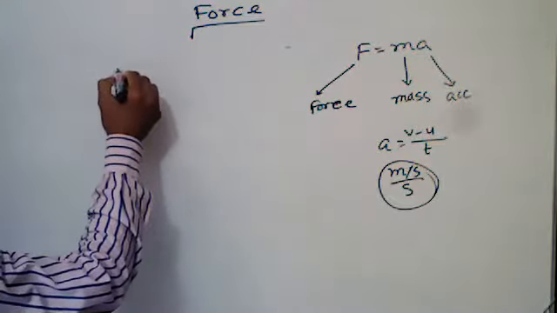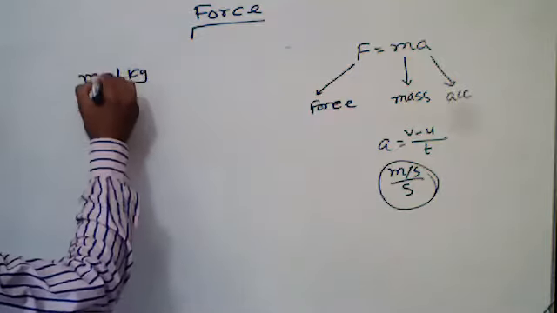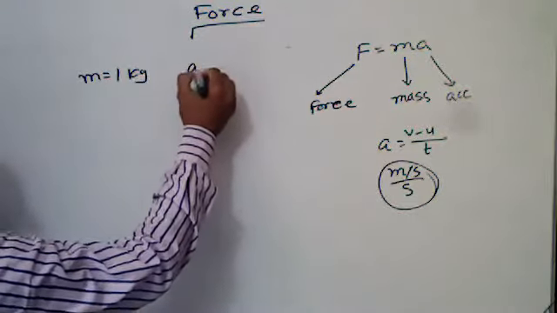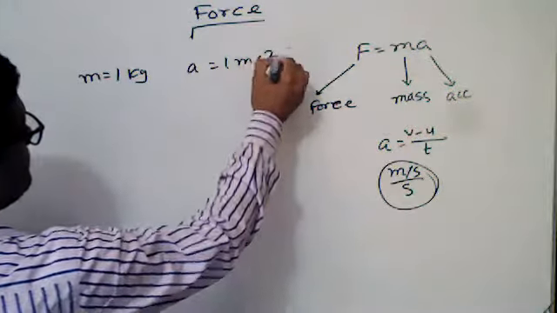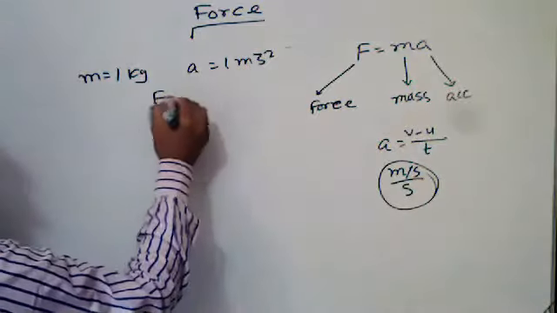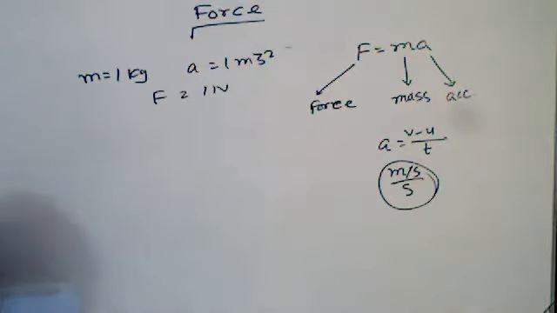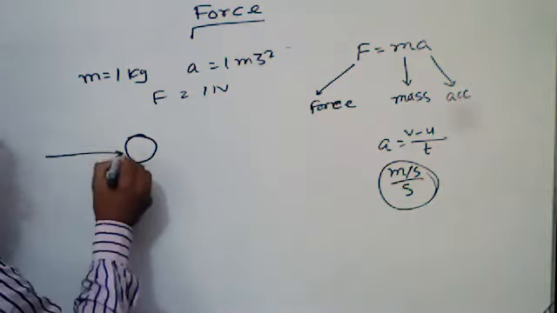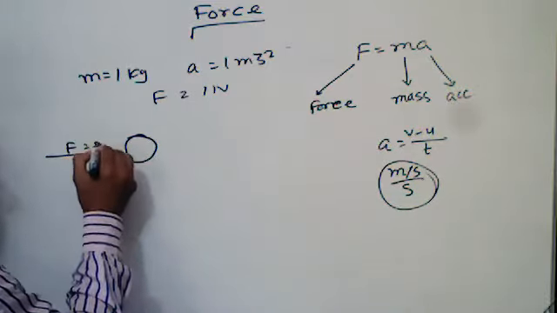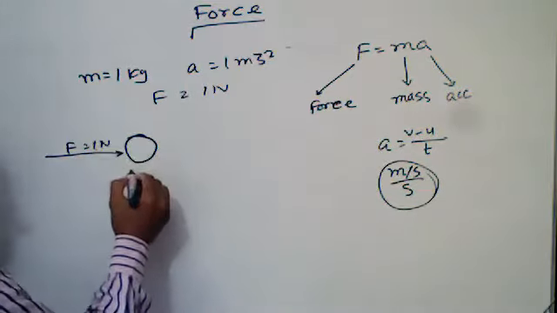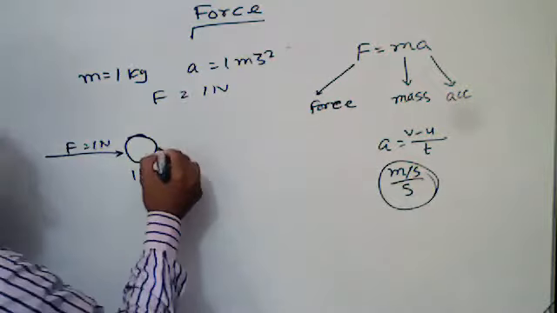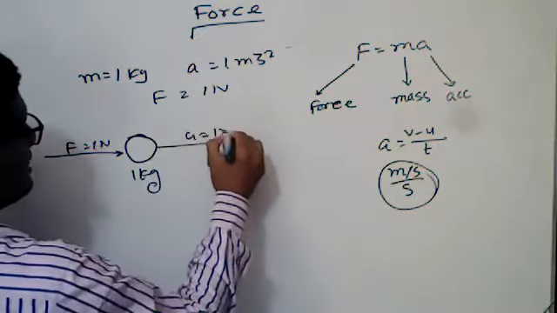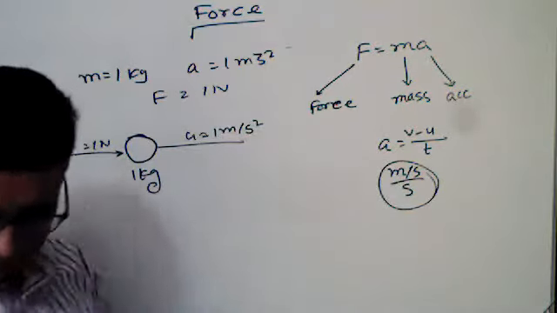If m equals 1 kilogram and a equals 1 meter per second square, then F equals 1 Newton. Suppose this is an object. F equals 1 Newton is applied on this object, the mass is 1 kilogram, and it gains 1 meter per second square.